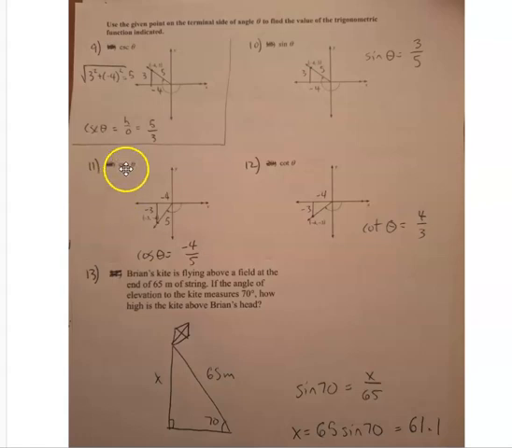So 11 wants cosine. So cosine would be the -4 over the 5. Again, you're going to get the same answer with the Pythagorean theorem. If it's negative or positive 3 and 4, you get 5. And then cotangent is adjacent over opposite. So that's just asking for what is -4 over -3, which simplifies down into positive 4 over 3.